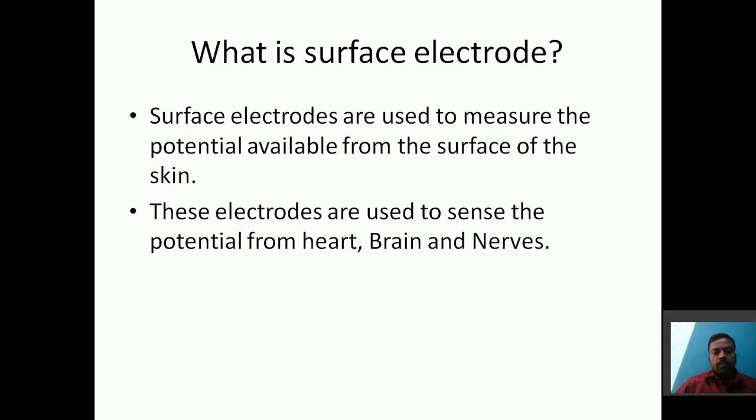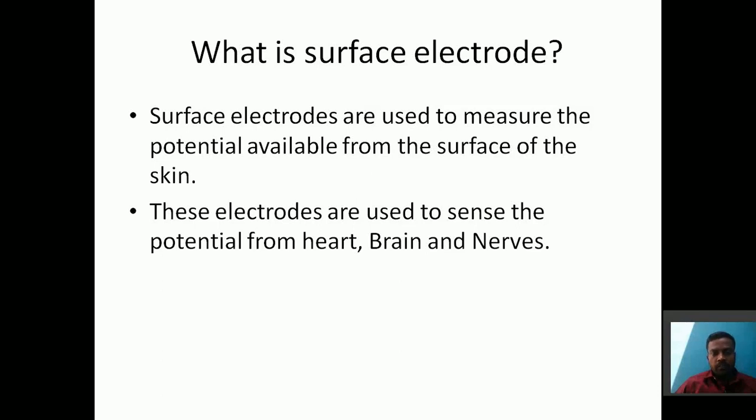First, what is a surface electrode? What is surface? In biomedical signal measurement, the surface represents the skin of the human body. So the ECG, EEG or EMG signals are measured from human skin, not inside the flesh.